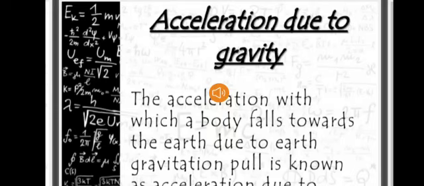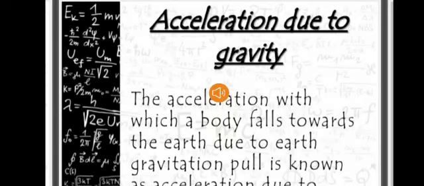It's lying on the surface of Earth, and the radius of the Earth is capital R. So, the gravitational force acting on the body of mass m due to Earth is equal to the gravitational force between the mass m and the mass of the Earth, capital M. F is the force, G is the universal gravitational constant, capital M is the mass of the Earth, small m is the mass of the object, R is the radius of the Earth.